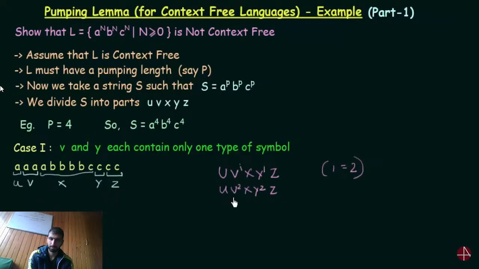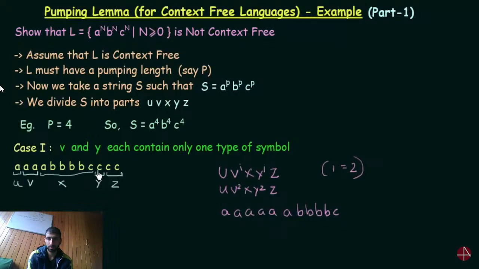Now let me replace it here and see what kind of string I am going to get. What is my U? U is just one A. And what is my V? V contains two A's, but it is V square, so I have to double it. That means there will be four A's: A, A, A, A. Then X is A, B, B, B, B, C. And then I have Y square.